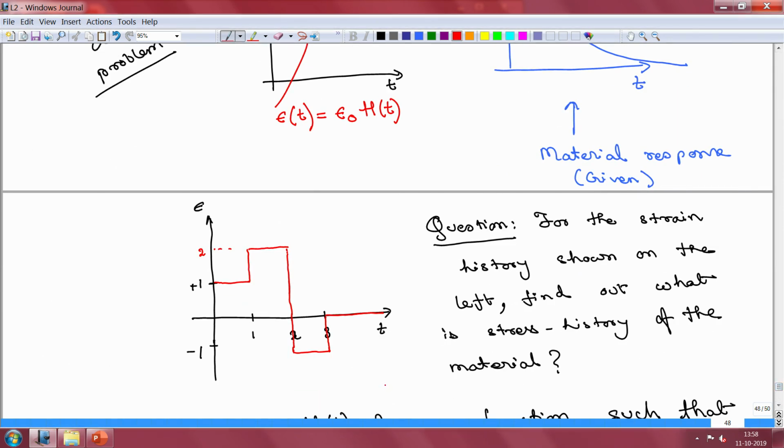Now, we will recall the superposition of responses, and to construct this strain history, we will ask how can we construct this particular strain history that is given on the left as a sum of different step functions.